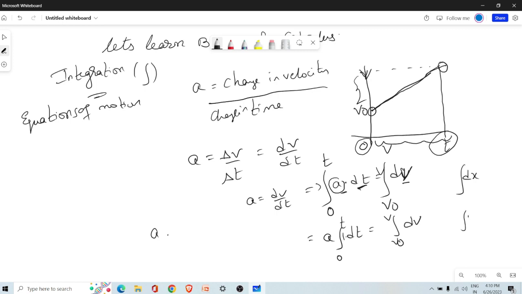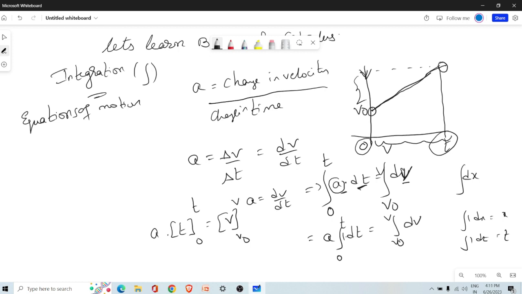Whenever we have integration of 1 dx it is x. If we have 1 dt then it is t. So I write here t from limit 0 to t, which is equal to v from v naught to v.